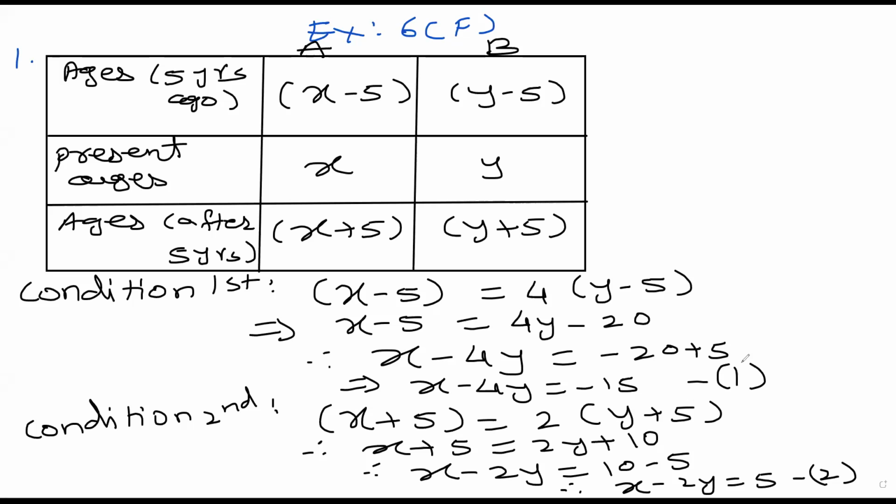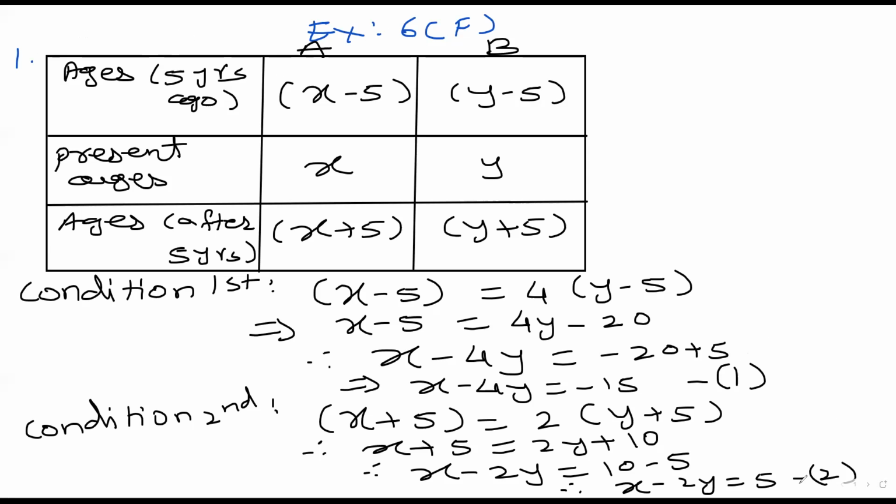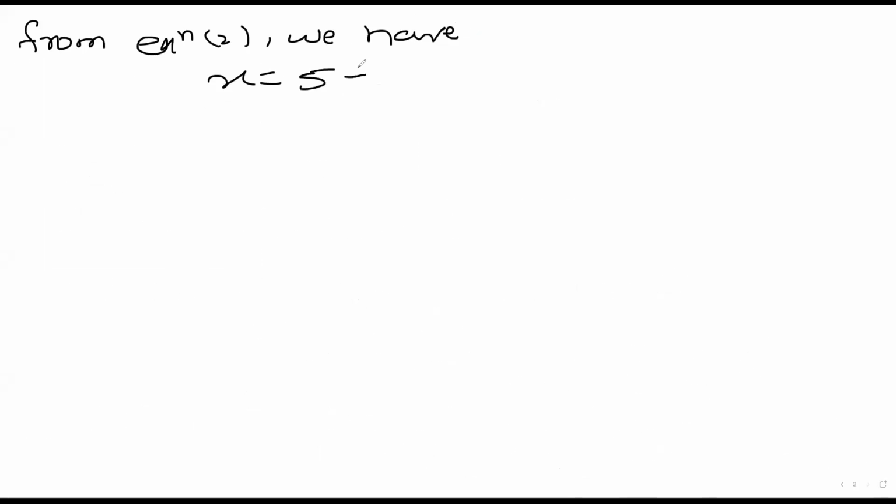If you use the substitution method, write down from equation 2, we have x is equal to 5 plus 2y. Minus 2y will go to the other side, so it will become positive. Put this in equation 1.